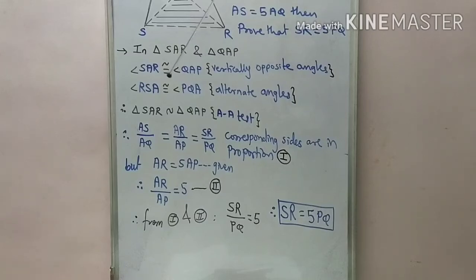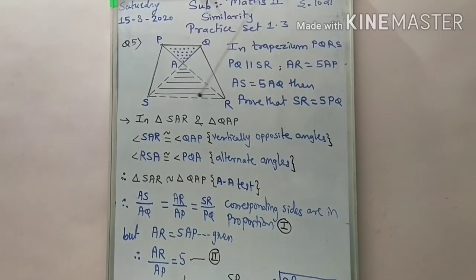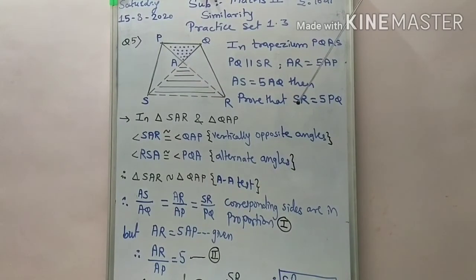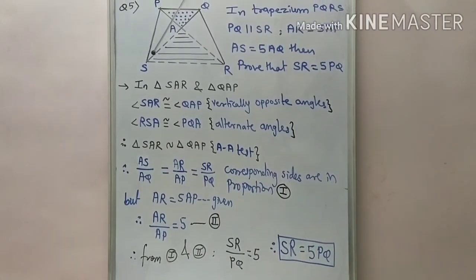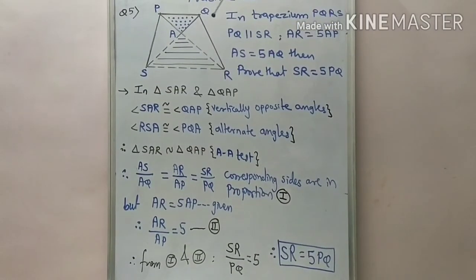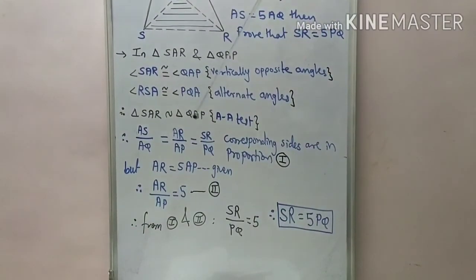So in this example, students, first we bifurcate the two triangles properly according to the given part and the to-prove part, taking the three sides, and here we get triangle SAR and triangle QAP. First we prove these two triangles are similar by AA test.